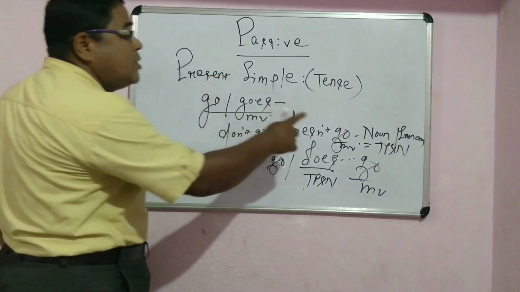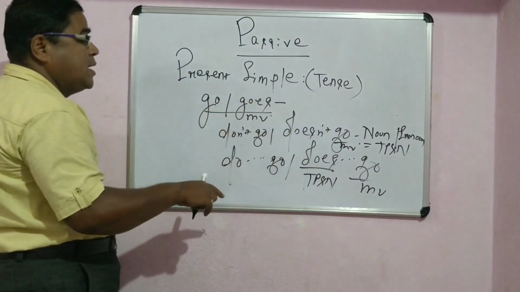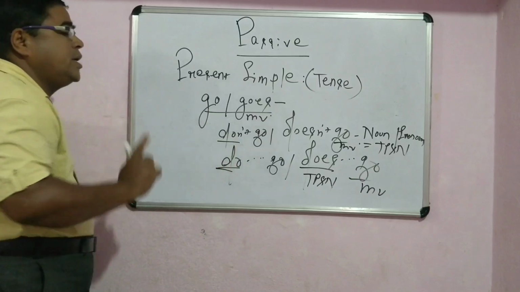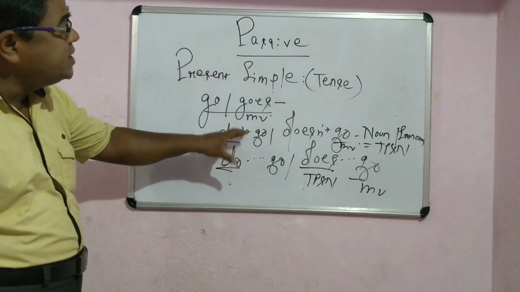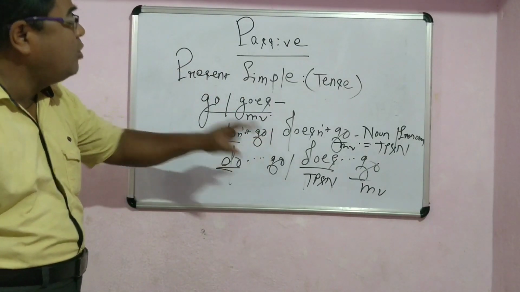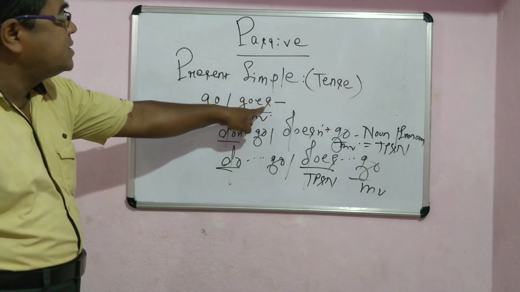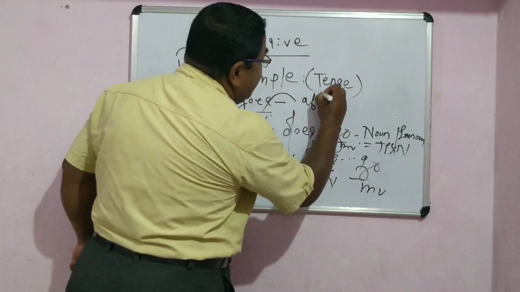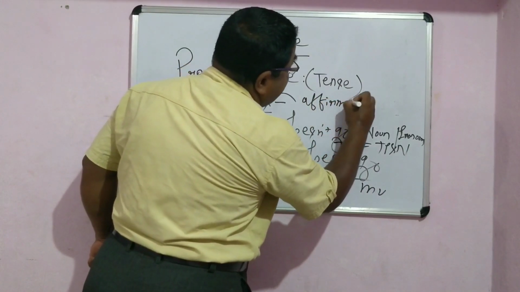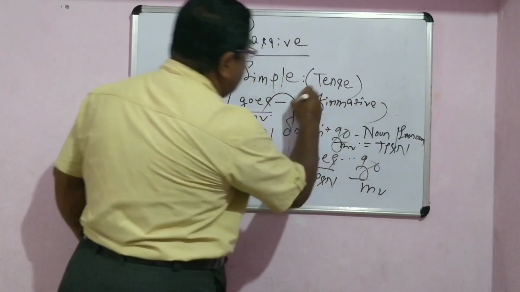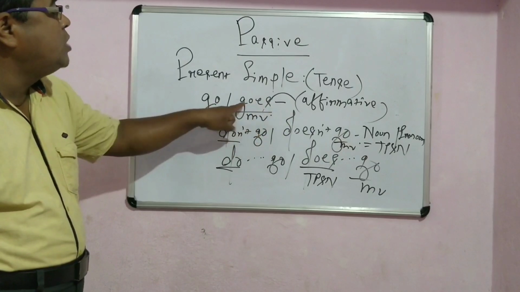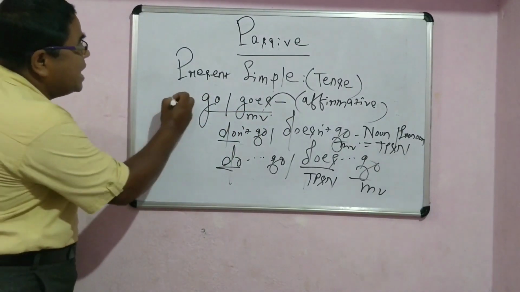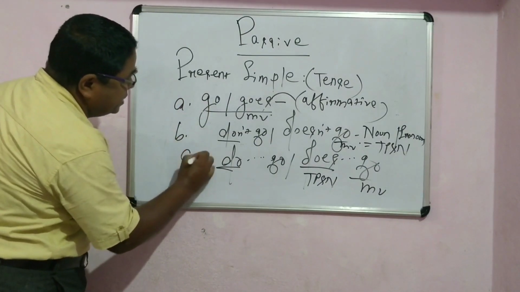If the noun or pronoun is not in third person singular number, you can use do both in a negative and interrogative. But if the sentence is not in a negative or interrogative, it is affirmative or positive, and you can add s or es to the main verb to make it present simple. So that means these are the three forms of a present simple.